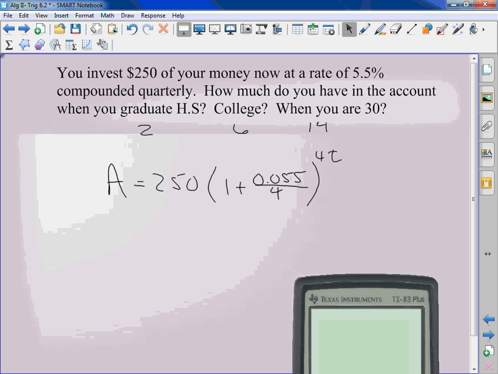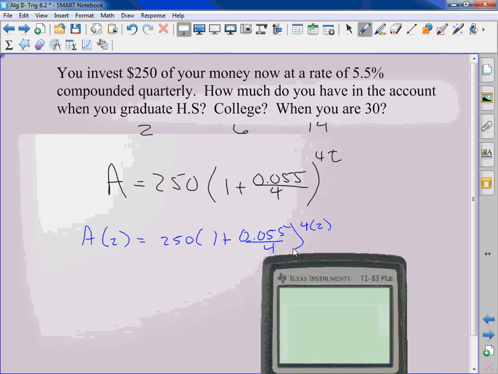All right, for this one, for the amount at 2 years, 250, 1 plus 0.055 divided by 4, 4 times 2.